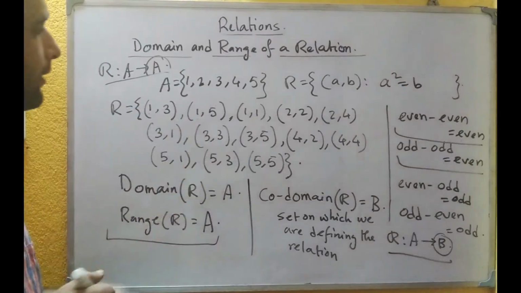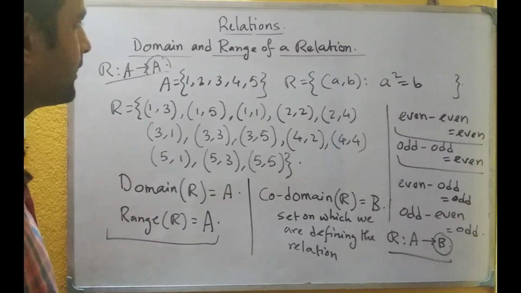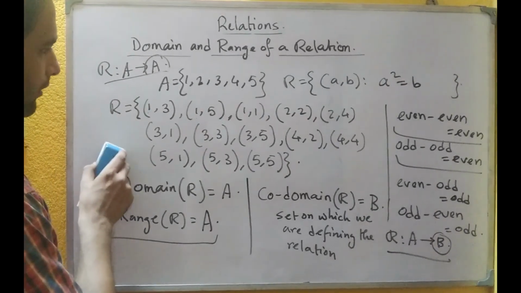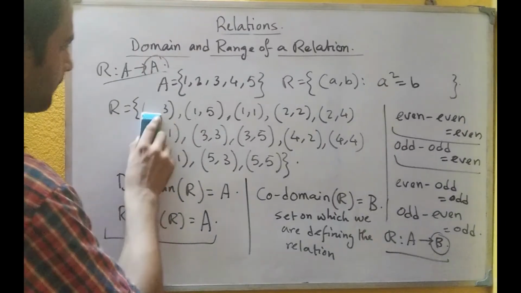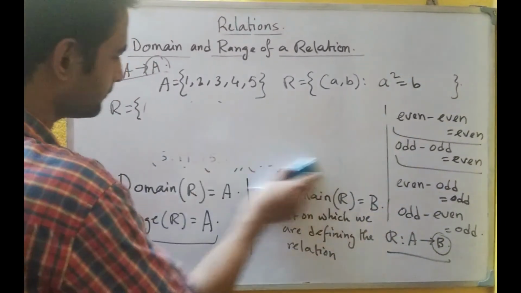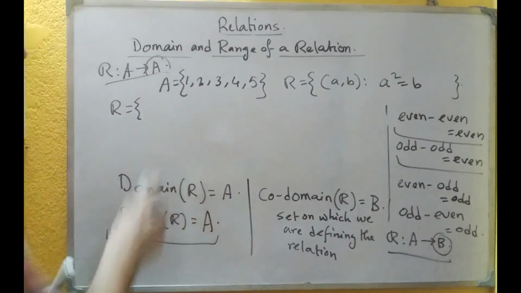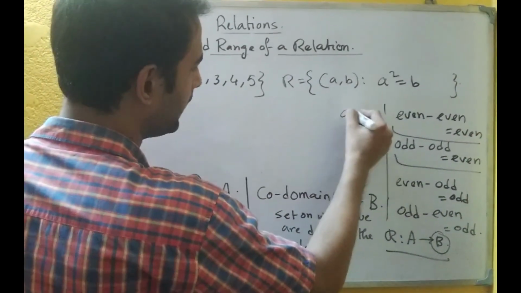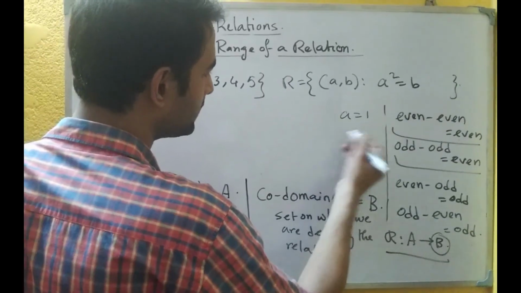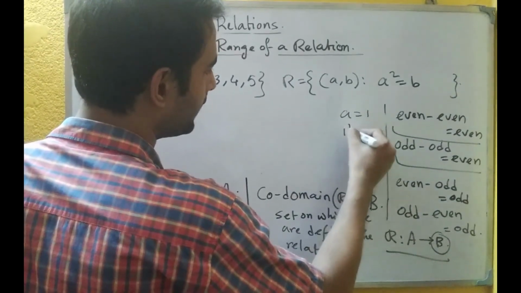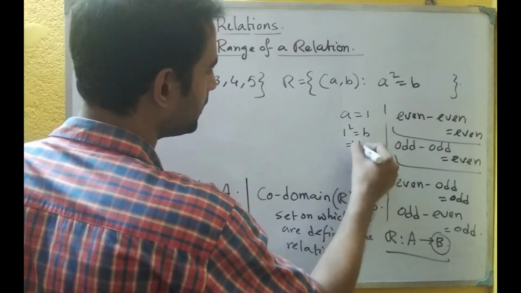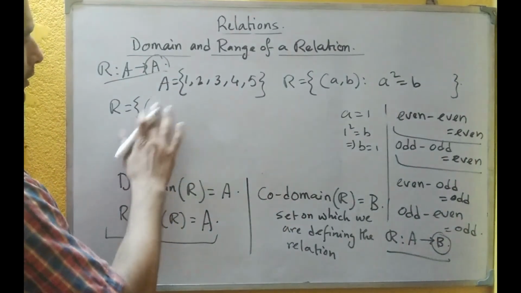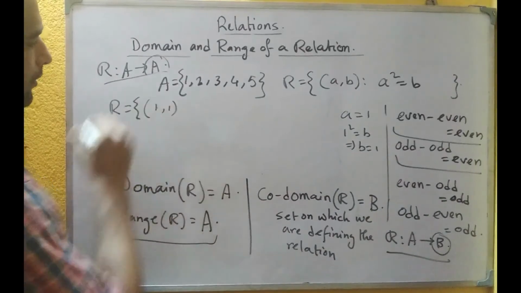So if in this set we define this relation, what should be the ordered pairs here? Let us see. If you are taking A as 1, then basically you are saying 1 square equals to B. That means B is equals to 1. So the ordered pair should be 1, 1.